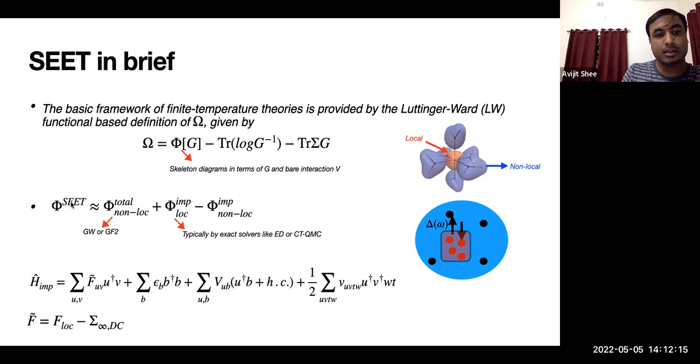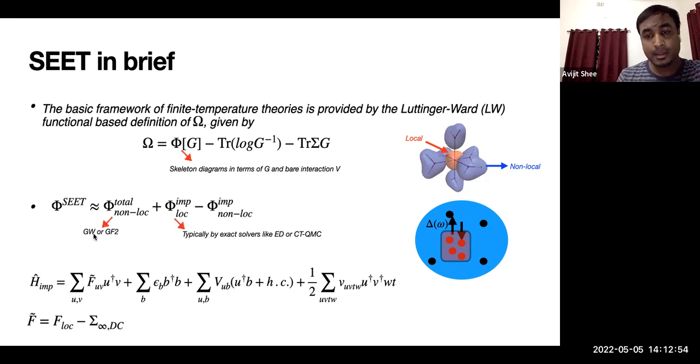This phi in self-energy embedding theory is expressed like this, where we first estimate the total phi for the entire system with a weakly correlated method, and then phi for the local part via some strongly correlated solver like ED or continuous time quantum Monte Carlo, and then we subtract the double counting part with the weakly correlated method.